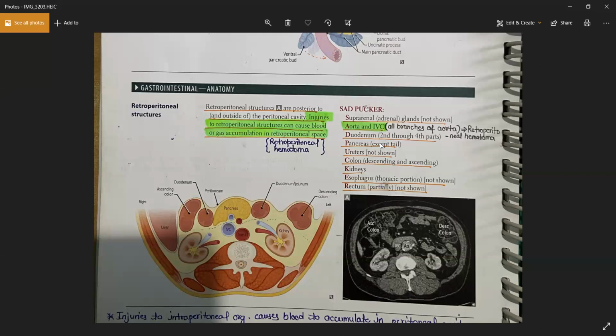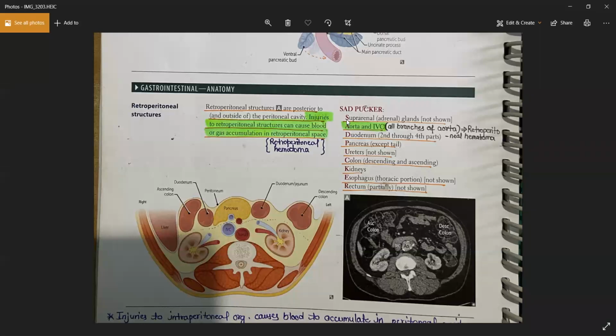From which peritoneum is this transverse colon covered? The greater omentum, exactly. The greater omentum will cover the transverse colon, but not the ascending and the descending colons, and that's why these two structures are retroperitoneal.